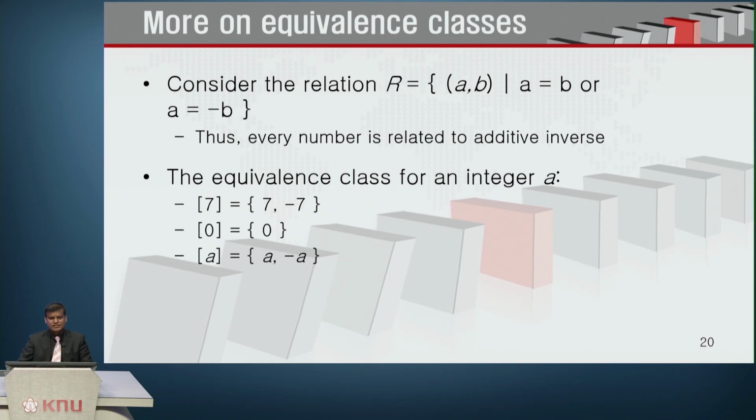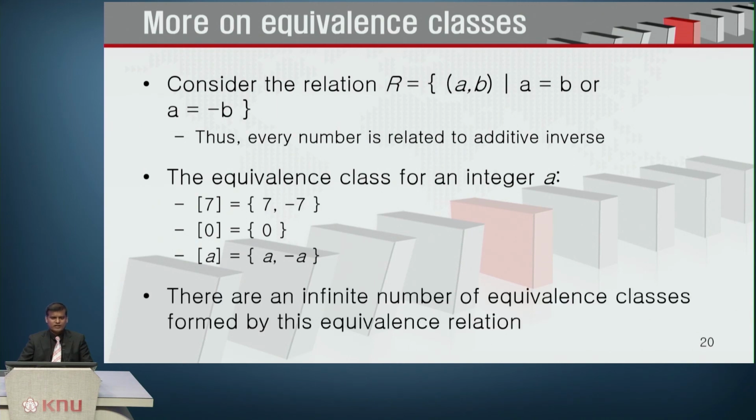So in general it is a comma minus a, and any value given here has to be of this form. Looking at these examples of equivalence classes, you can clearly see that there are infinite numbers of equivalence classes found by the equivalence relation, whether it's about even numbers or odd numbers, or, in this example, a equals b or a equals minus b with respect to the integers.